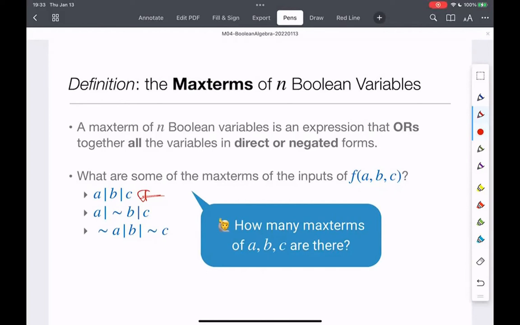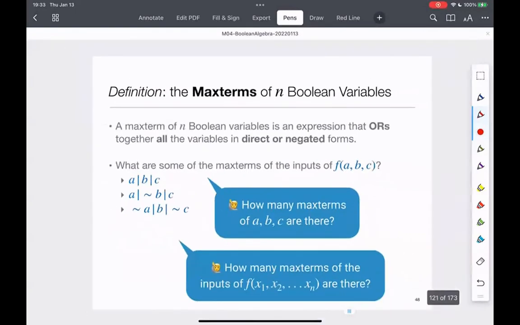Because this maxterm takes the value 0 only in row number 0. All the other places, this maxterm will have a value 1. So again, you can think of it as a way of pointing to a particular row. In the case of a minterm, being 1 is important, and for a maxterm, being 0 is important.